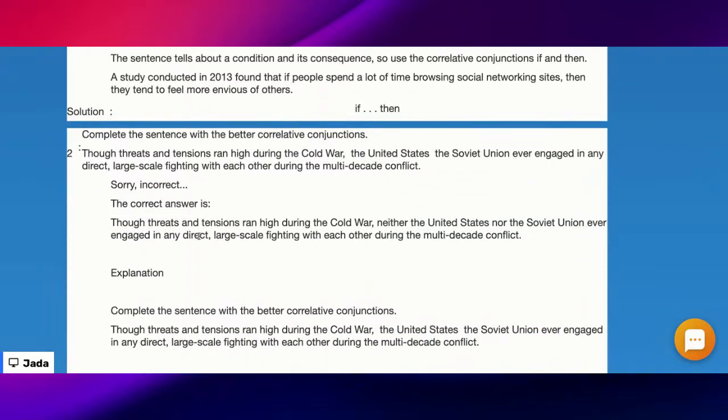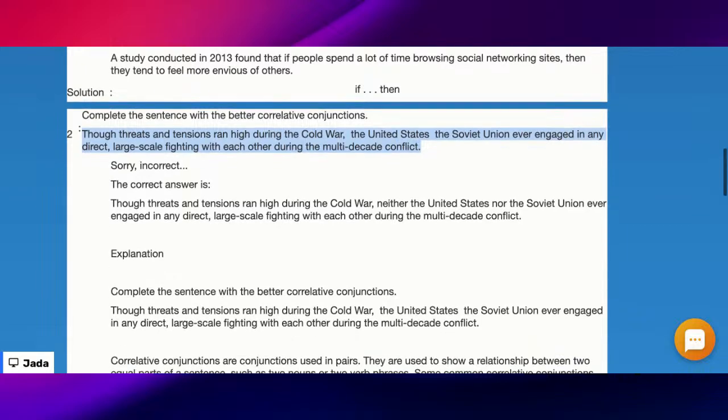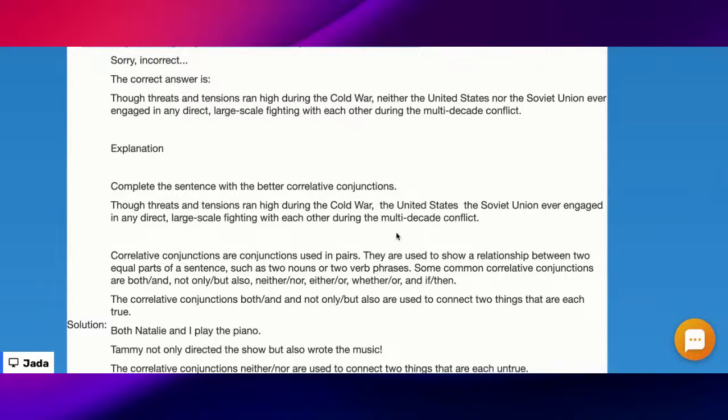Then we also have: though threats and tension ran high during the Cold War, the United States dash the Soviet Union ever engaged in any direct large scale fighting with each other during the multi decade conflict. So we have to see the correct one.